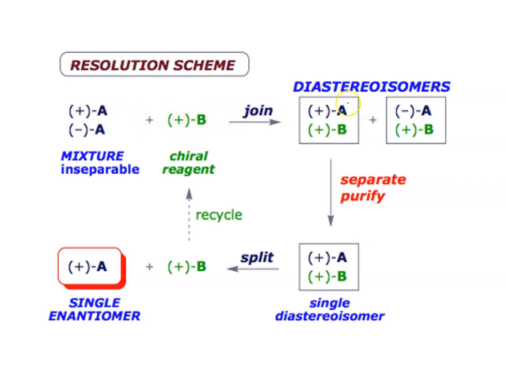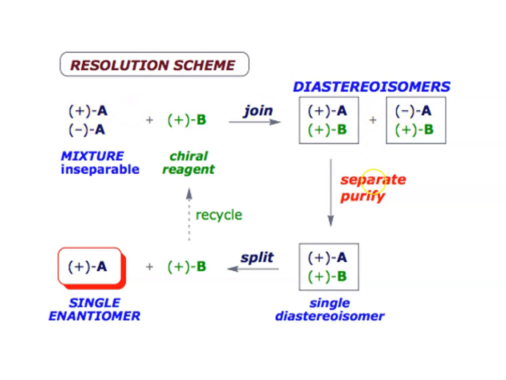So then we're able to generate diastereomers. This would be an S or R designation, and we would join them. And so putting these together, now we have diastereomers that are going to have different melting points, different chemical characteristics, as opposed to here where they would have similar characteristics.